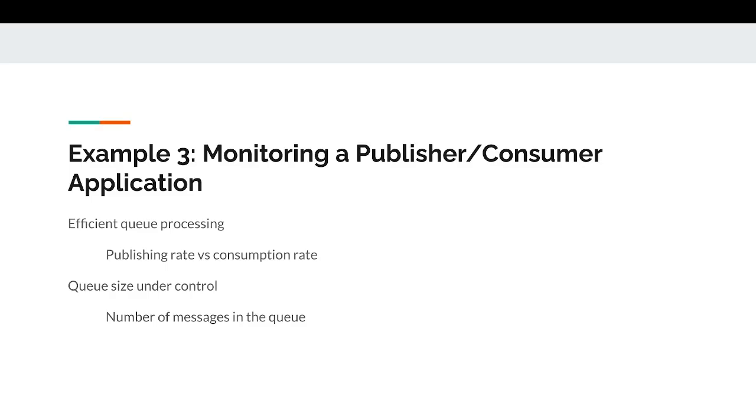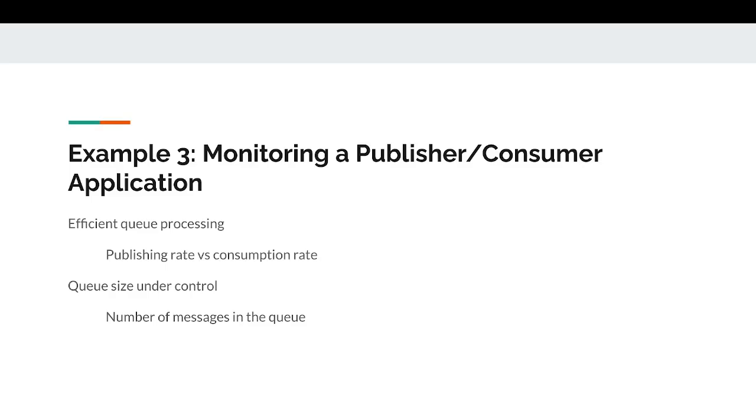Let's consider another application where you have a publisher and consumer, and you are publishing messages to a queue and consuming messages from the queue. So what's the throughput of the queue? How efficiently is the queue being processed?